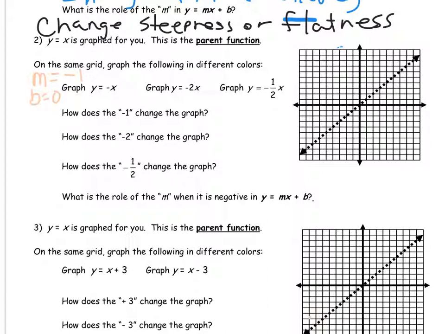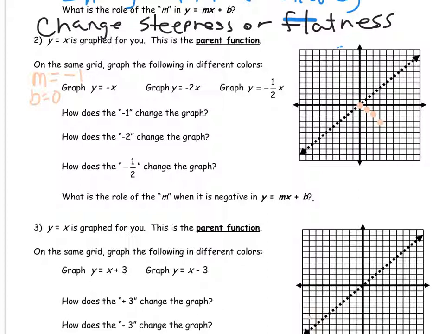Okay, so I'm going to start at my y-intercept of 0, and I'm going to put a dot. Then my M, my slope, is -1. So to turn that into a fraction, I'm going to make it -1/1. So down 1, run to the right 1.